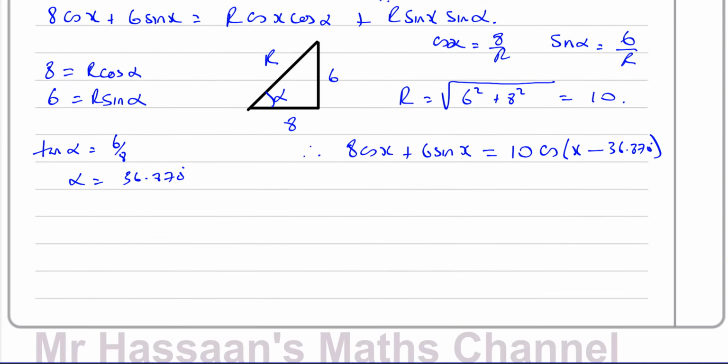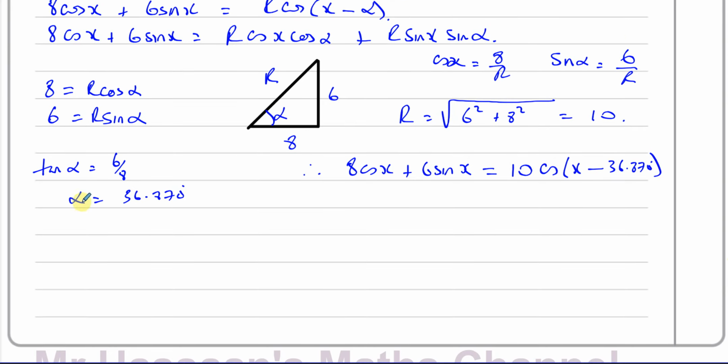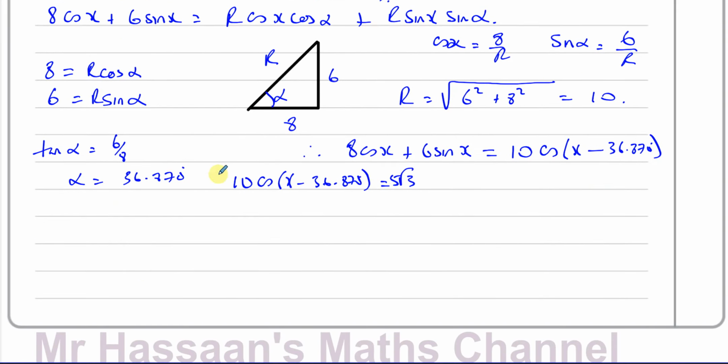So we can say here, if we want to solve this equation, that therefore 10 cosine of x minus 36.870 is equal to 5 root 3. Okay, 5 root 3, wasn't it? Yes. So therefore we can say the cosine of x minus 36.870 is equal to, you divide by 10, root 3 over 2. And we know that the cosine of 30 degrees is root 3 over 2.